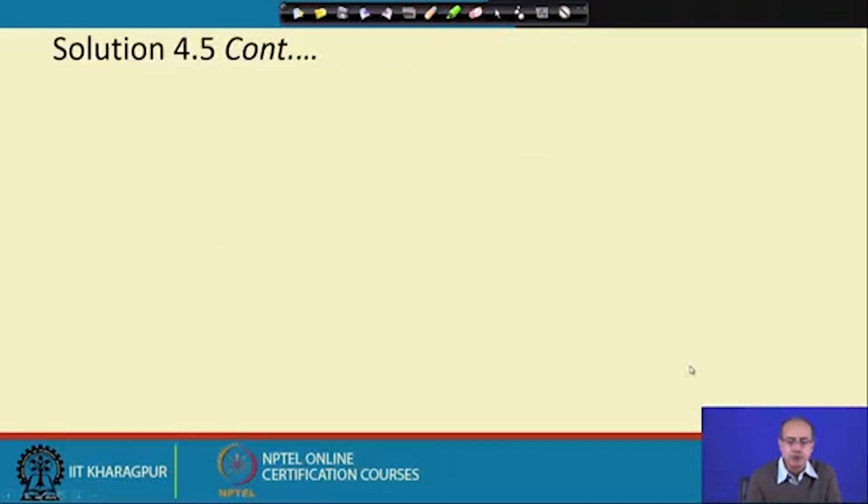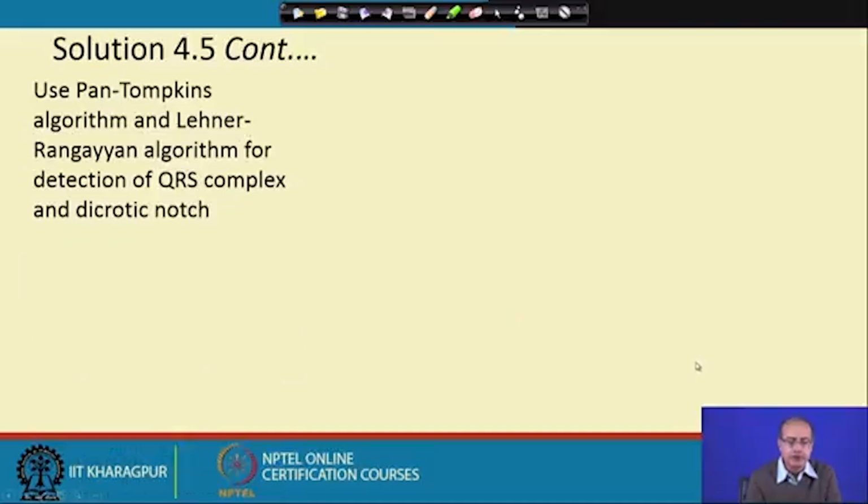Now, let us proceed. We first go for the Pan-Tompkins algorithm and the Lehner-Rangayan algorithm for detection of the QRS complex and dicrotic notch. Now, why are we doing that? We know that the beat location varies from cycle to cycle.